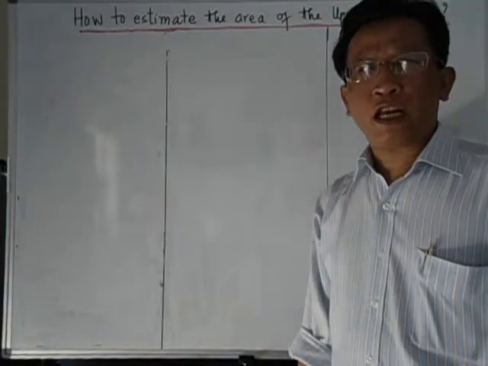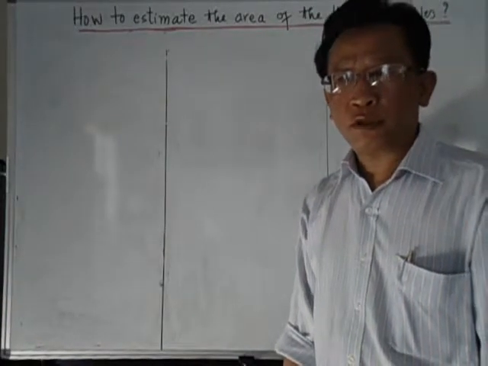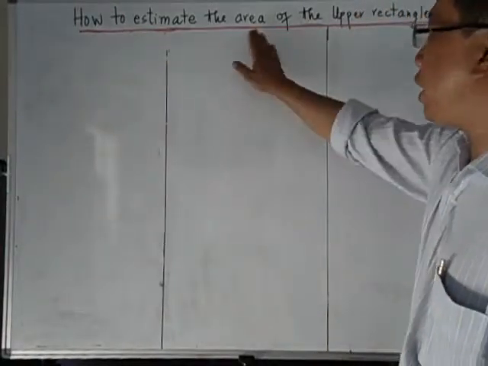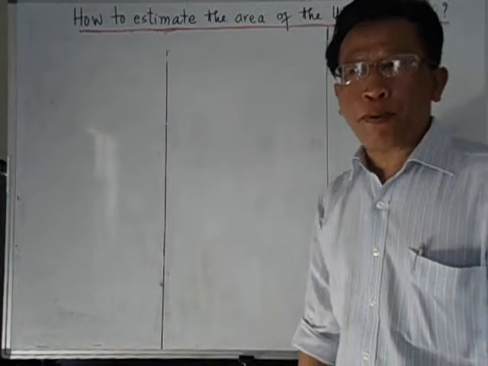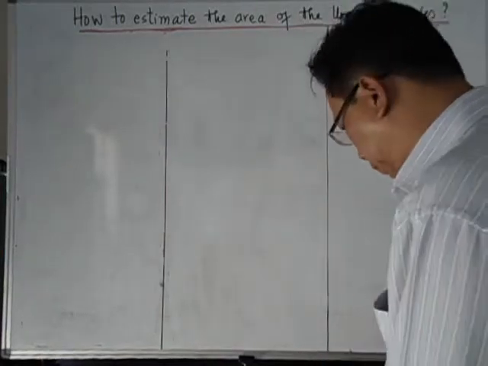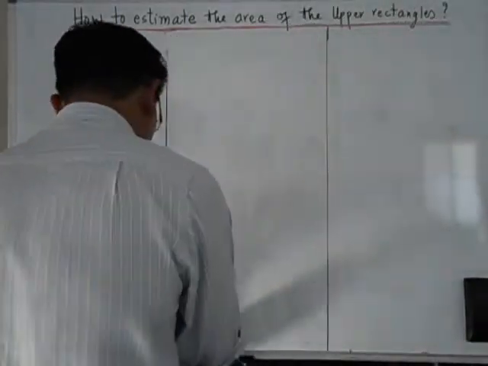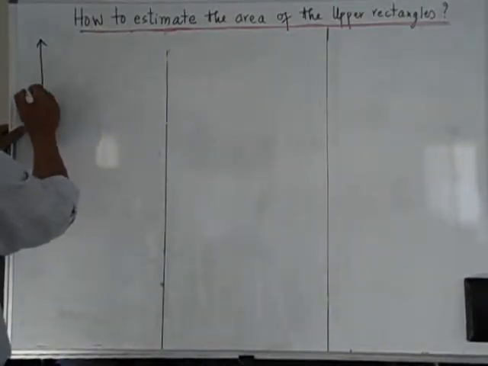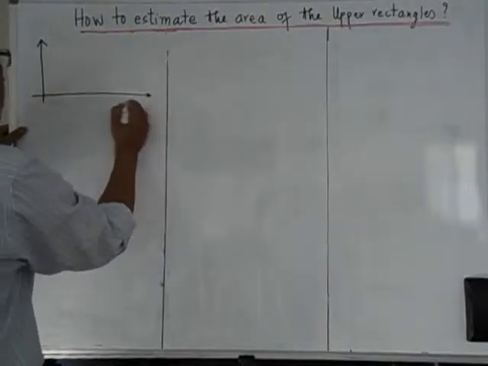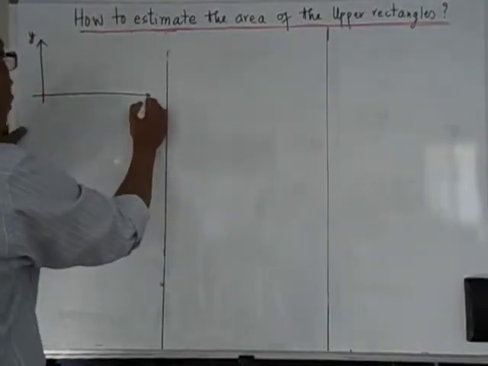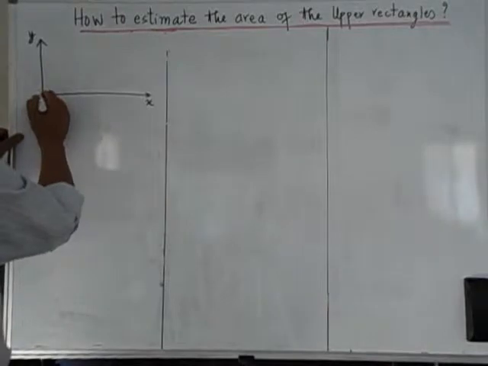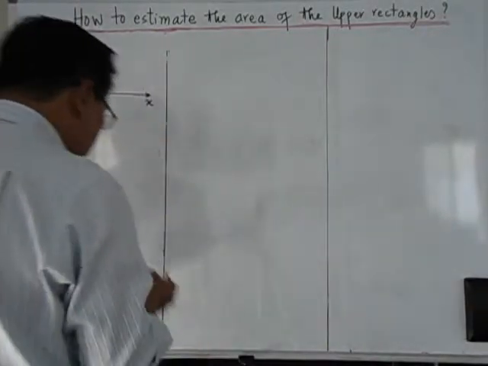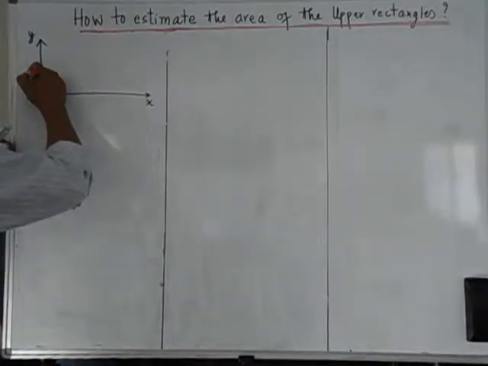Hello, good evening everyone. Today we learn how to estimate the area of the upper rectangle. We draw a set of axes, X and Y, and we draw a curve.